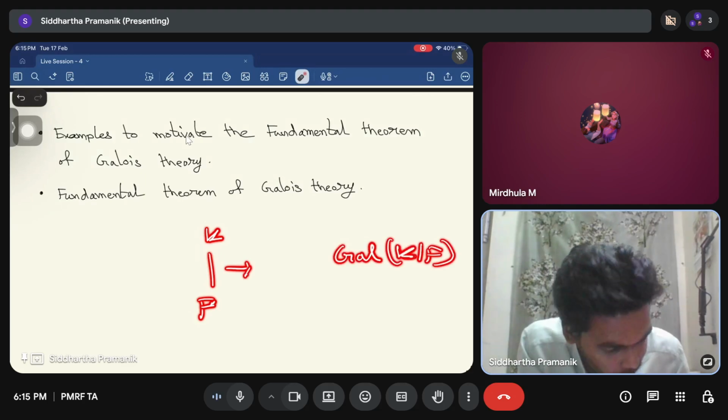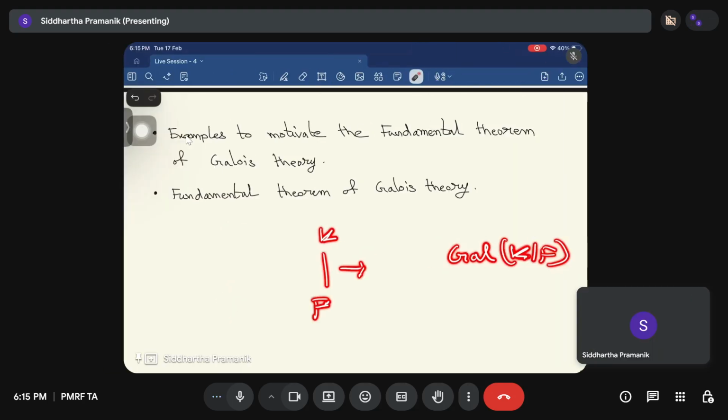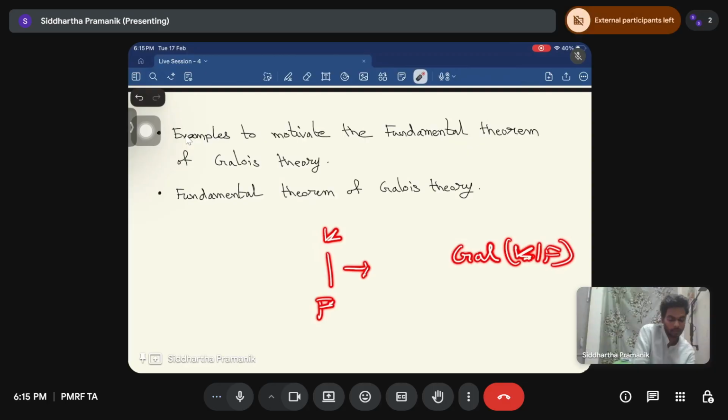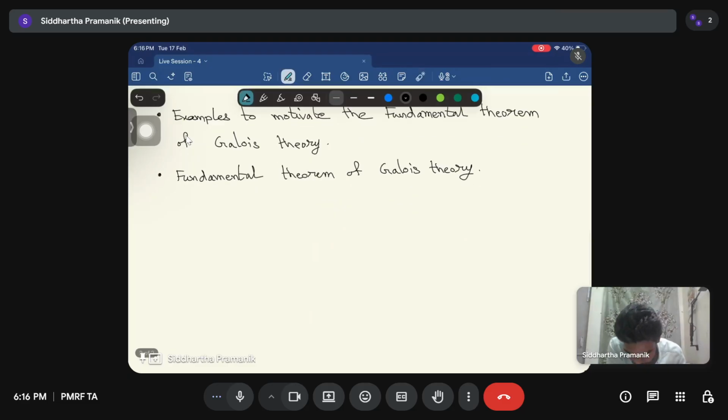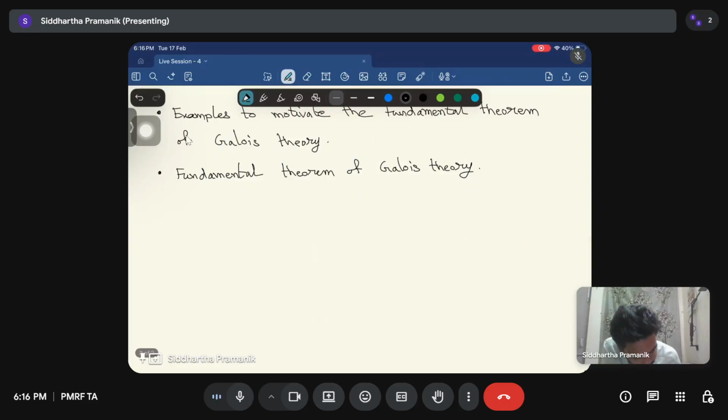There is an inclusion reversing correspondence between those two, and the second one is about when an intermediate field is Galois. And after this we have seen one or two consequences of this fundamental theorem.